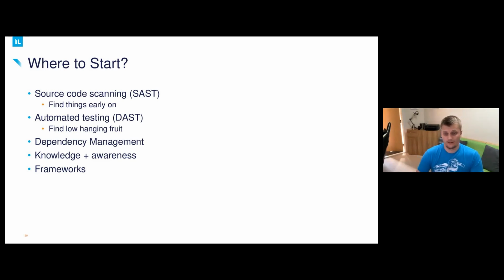Dependency management. As I mentioned, we're including more and more libraries in our software, and many organizations that I've seen and worked with haven't a good degree of knowledge of what dependencies they're using and where. So if there's a vulnerable library that's coming out, it's normally a mad scramble to go, okay, well, where are we using this?